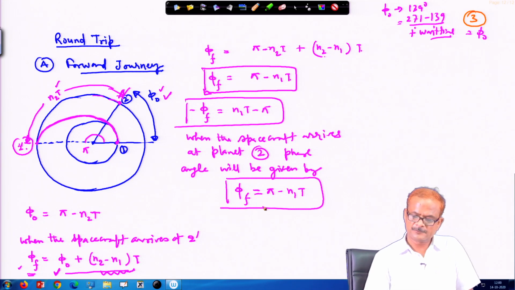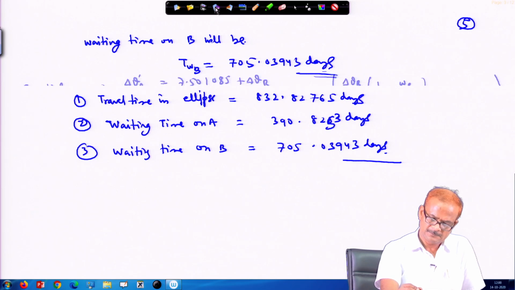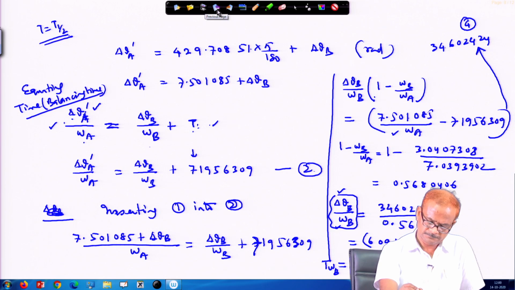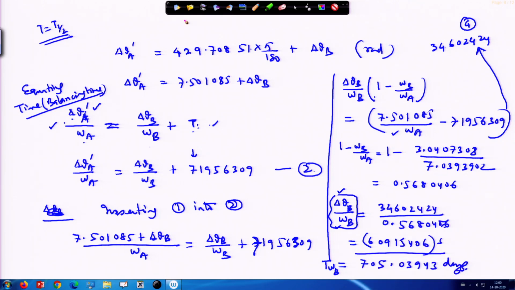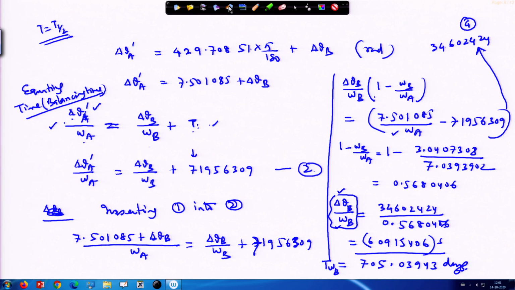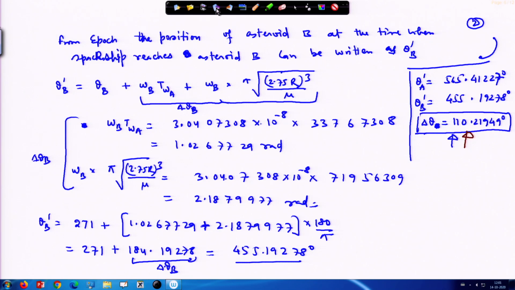And if you refer to our earlier problem, the initial phase difference we have calculated somewhere. See the initial phase difference, this is the quantity we have calculated.